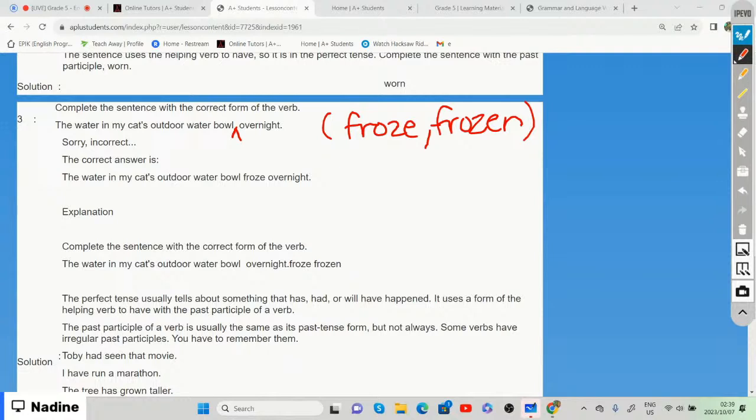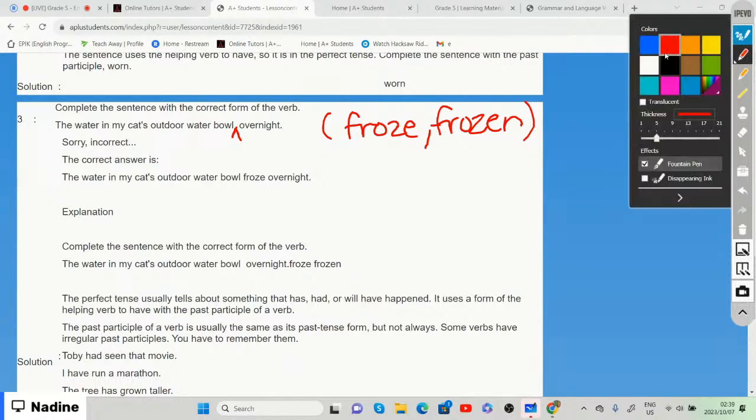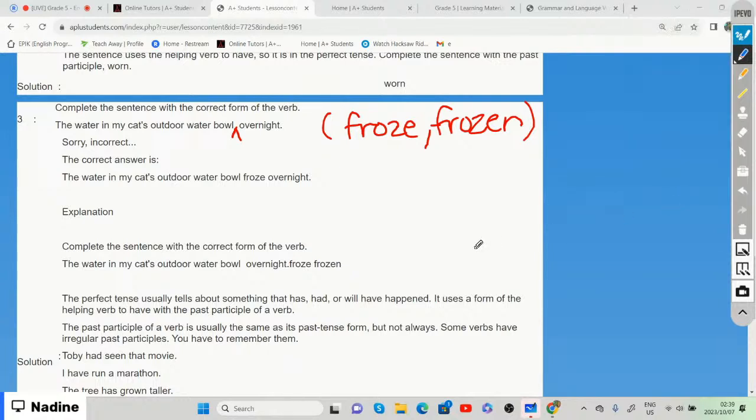So which means that if you look at the frozen bowl now, then you say it is frozen, right? Or I freeze something, when I take it out, it is frozen. So the water in my cat's water bowl, we can say it froze overnight. Now it is frozen. So we need to choose froze overnight, not frozen.